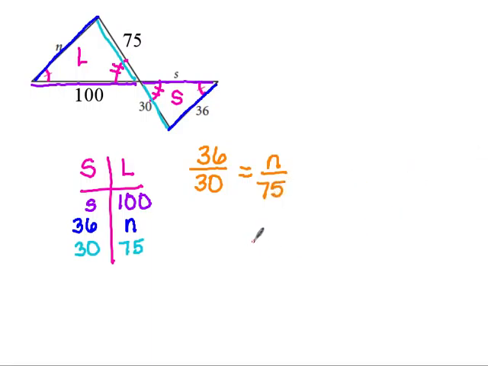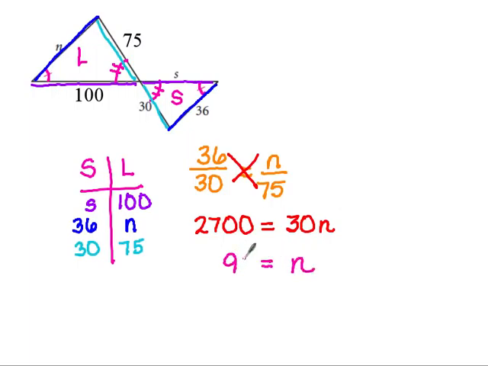It's 36 divided by 30. And so now let's cross multiply. What's 36 times 75? 2700. Equals 30 times N. So 30 N. Divide both sides by 30, and what do you get N to equal? 90.